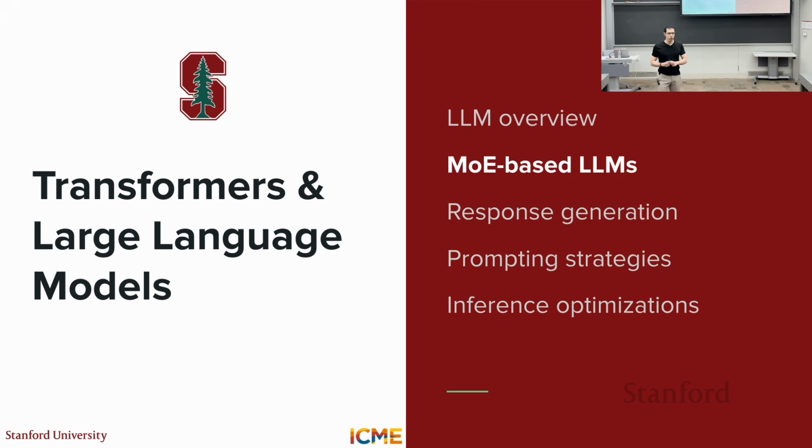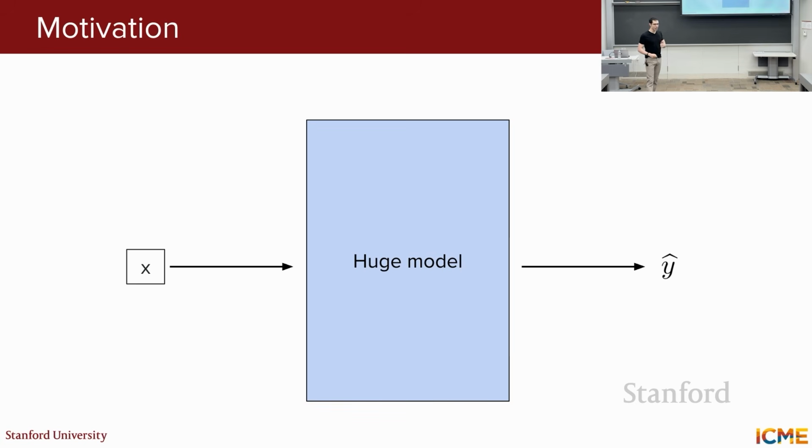Okay, so now you know what LLMs are made of, but there is something else that people these days also introduce to these models, and we're going to see that in a bit. So I mentioned that these models are huge in size. Again, typically hundreds of billions of parameters.